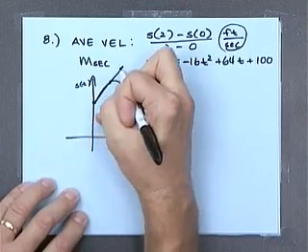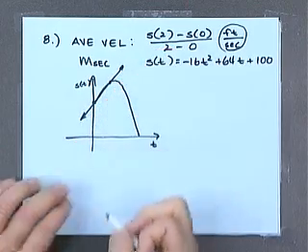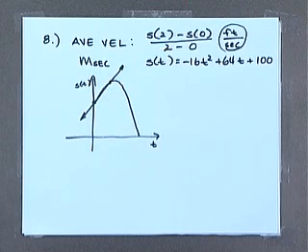So it gives us the slope of this secant line. Slope of the secant is still a velocity. It's not slope of the tangent, but it's average velocity. I think that's the only thing that I needed to comment on in general about that test.